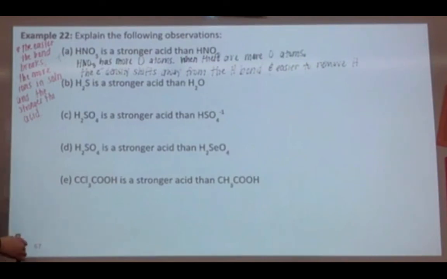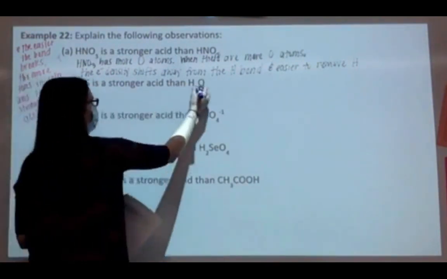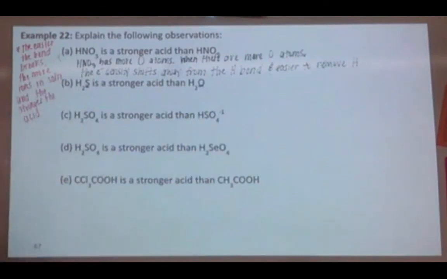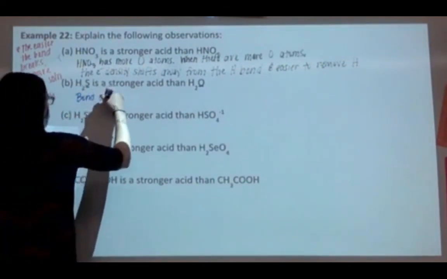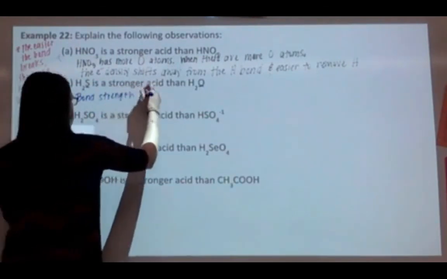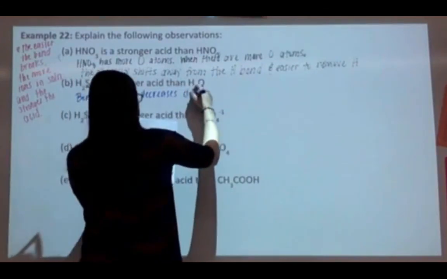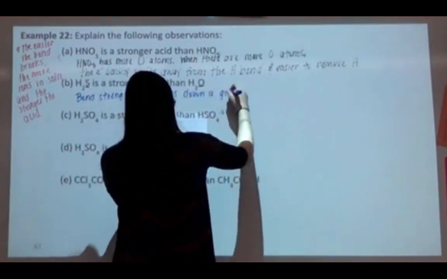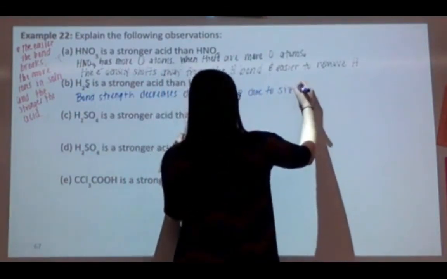So then B says H2S is a stronger acid than H2O. Well, these are binary acids, hydrogen with just a single element. When you have a binary acid, compare where the two are. O and S are in the same group. So we'll say bond strength decreases down a group due to size.